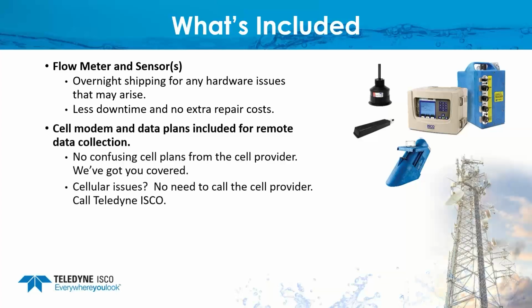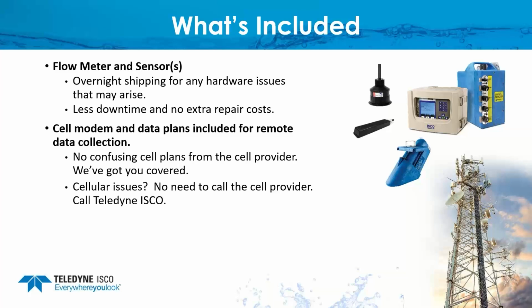The other thing we provide is the cell modem in every one of our meters, along with the data package that goes with them. So there's no more calling your cell service provider, whether that be Verizon or AT&T or whoever you're using, to try to figure out what the APN is and make sure you get the right data plans. We cover all that for you. We have it all set up, so everything is pre-programmed and ready to go.